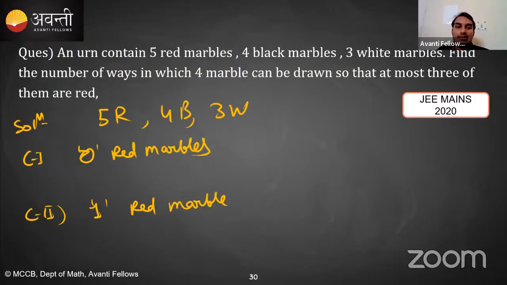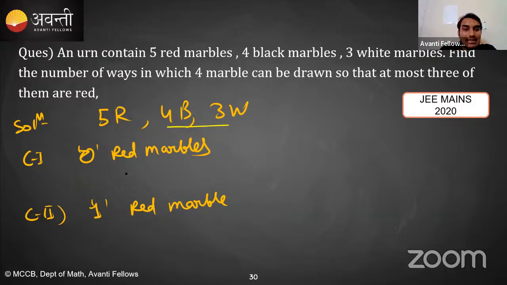Okay, if it is clear, then we just have to now count the number of selections. That's all. So when there are 0 red marbles, it means you have to select your 4 marbles from the 7 remaining marbles. Yes or no? 4 out of 4 black and 3 white. There are a total of 7, so select any 4 of them.